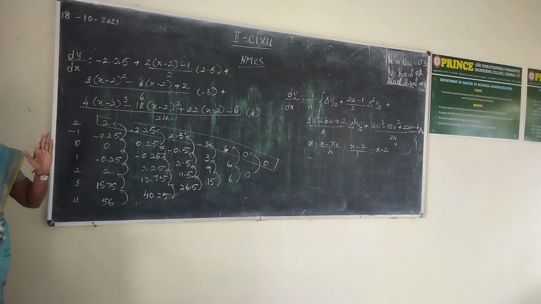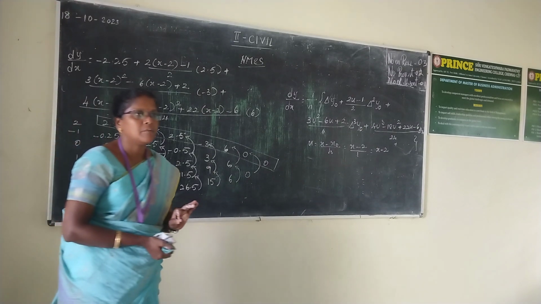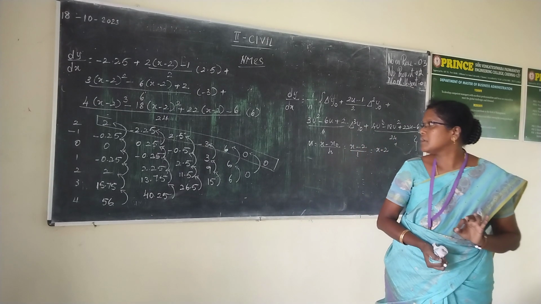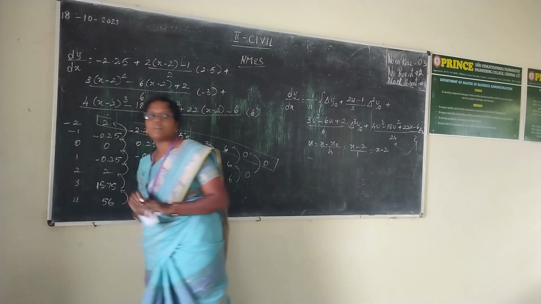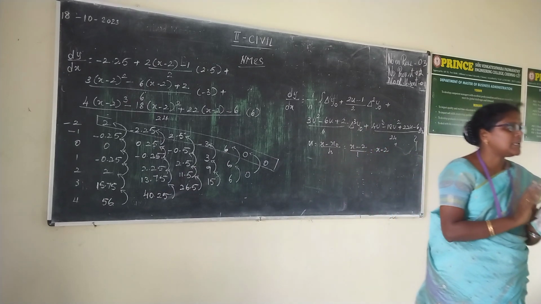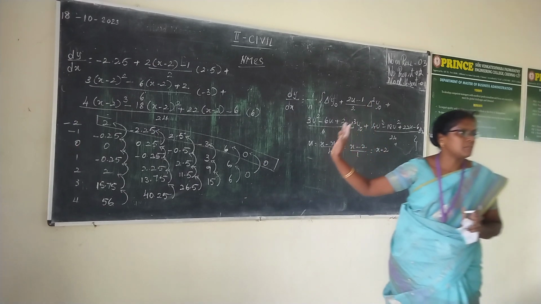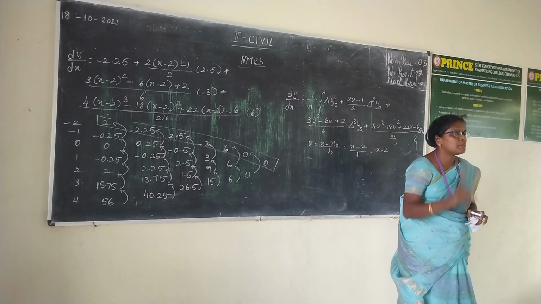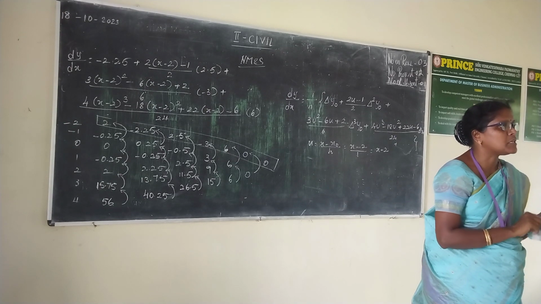So normally this is what you will do. But here what you are trying to find is the maxima and minimum, and also we are applying our Newton's forward formula.